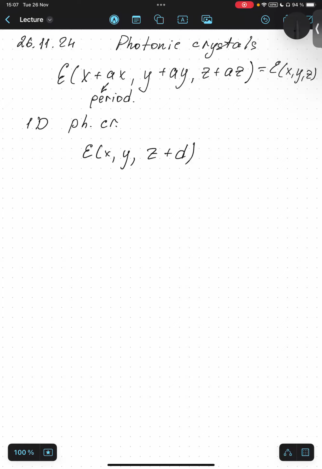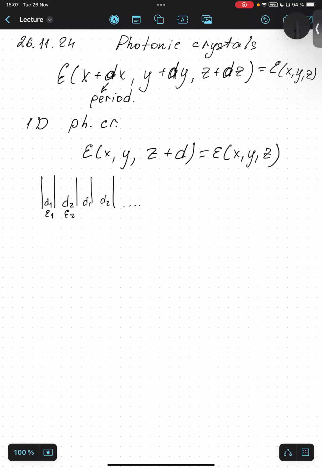We can describe the system as periodic layers, with d1, epsilon 1, d2, epsilon 2, and so on.